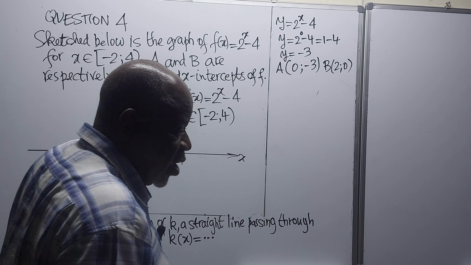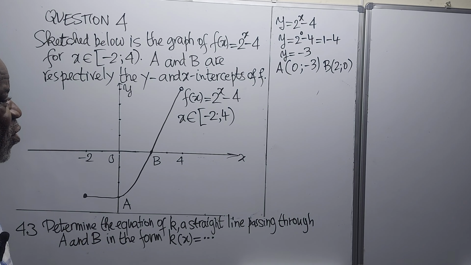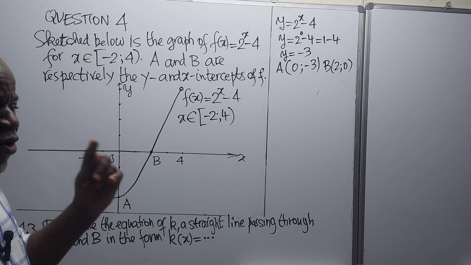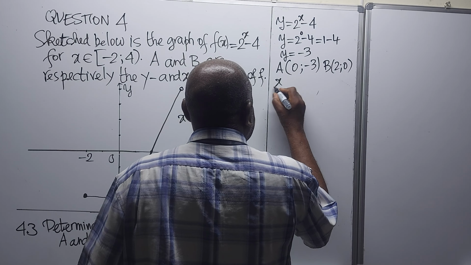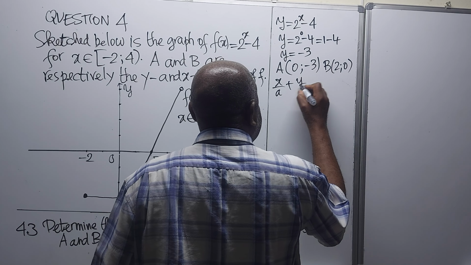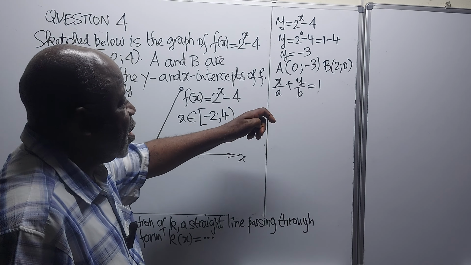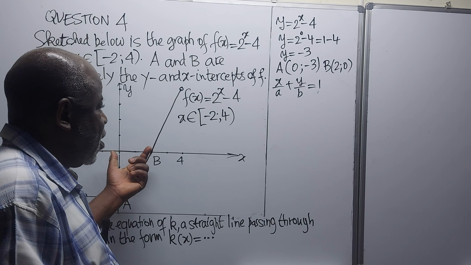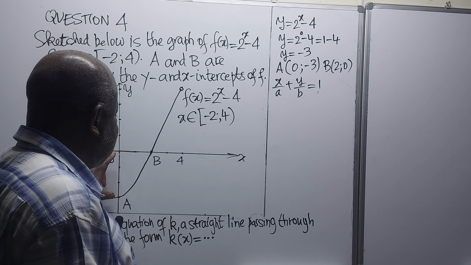So there is this equation of a straight line we call the x- and y-intercept equation. It's written as x/a + y/b = 1, where a is the value of the x-intercept and b is the value of the y-intercept.